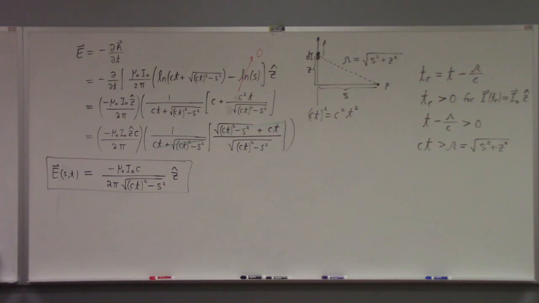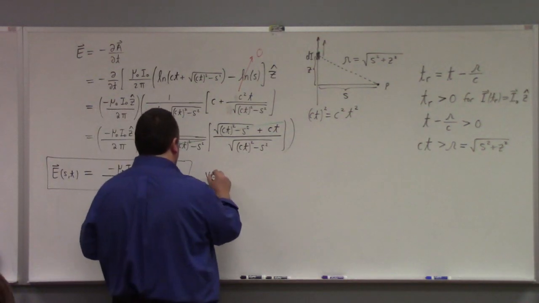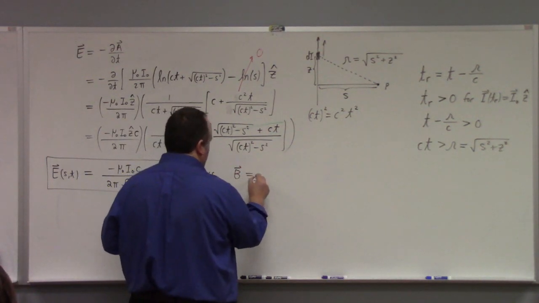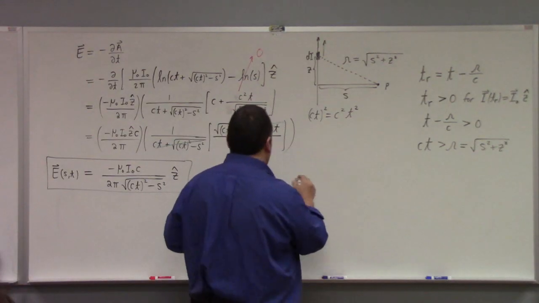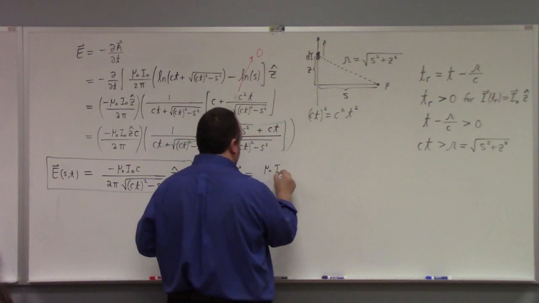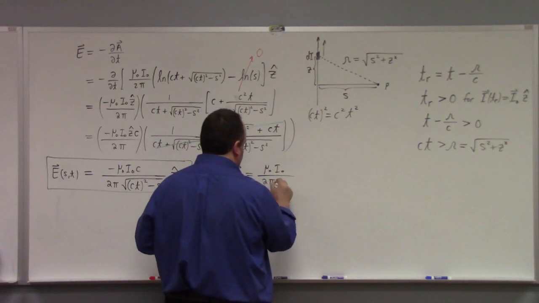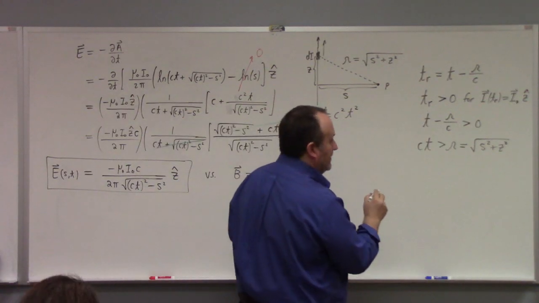So the electric field is in the z direction, but downward. Yeah. The magnetic field, on the other hand, we found was what? Mu naught I naught over 2 pi s, right?